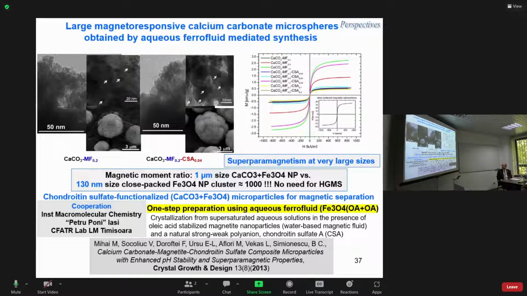What is interesting here is the magnetic moment. Apparently the magnetization is not so big, 3 emu per gram, but taking into account the volume, the particles are about 3 orders of magnitude larger than the usual clusters. So magnetic separation, very nice.